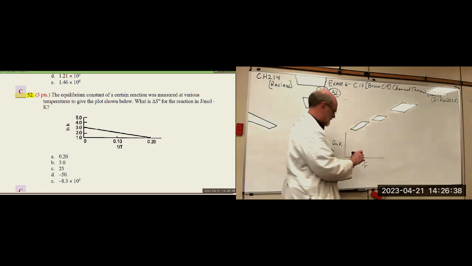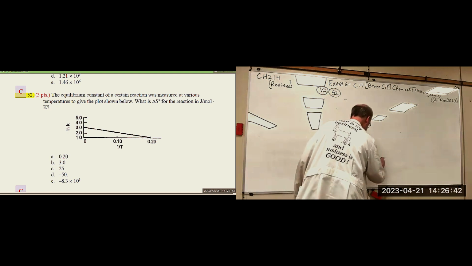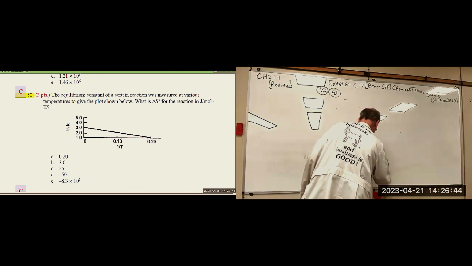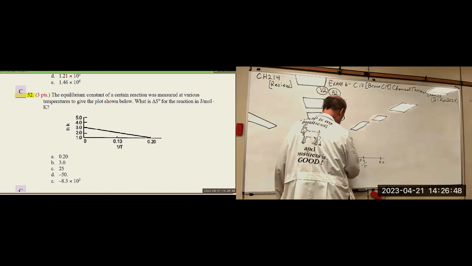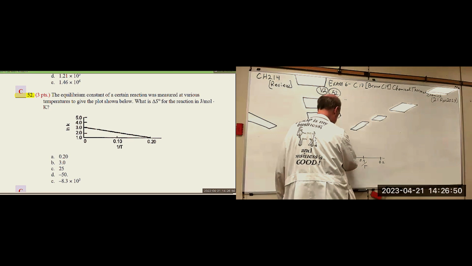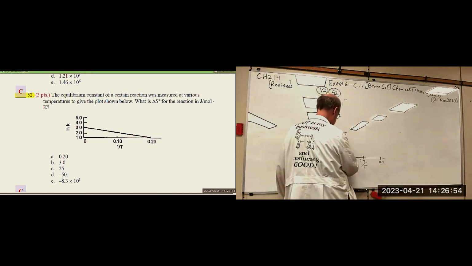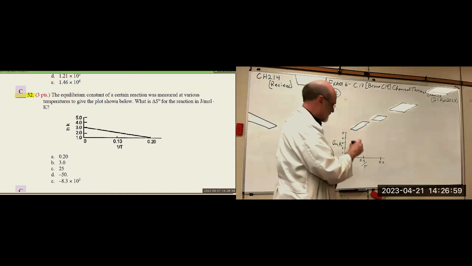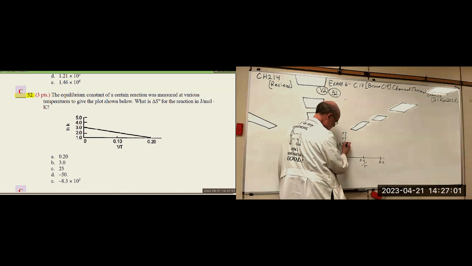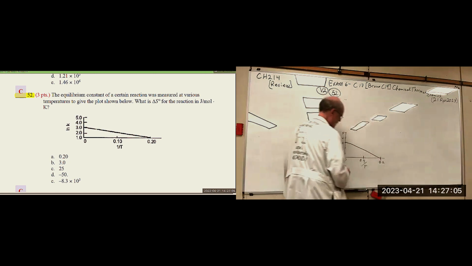About halfway over from here is 0.1, and this one is 0.2. And then we've got 1, 2, 3, 4, 5. It intersects right here, and it goes from here to there.